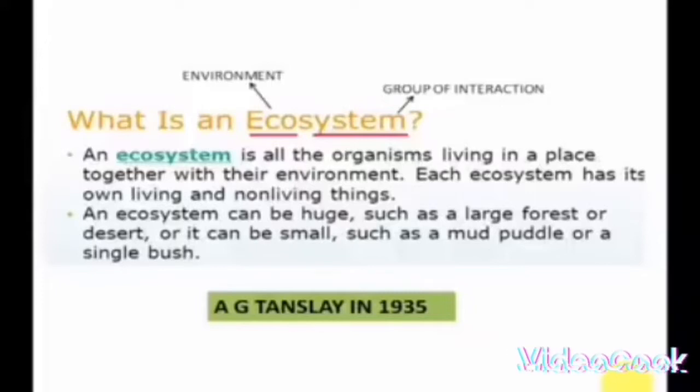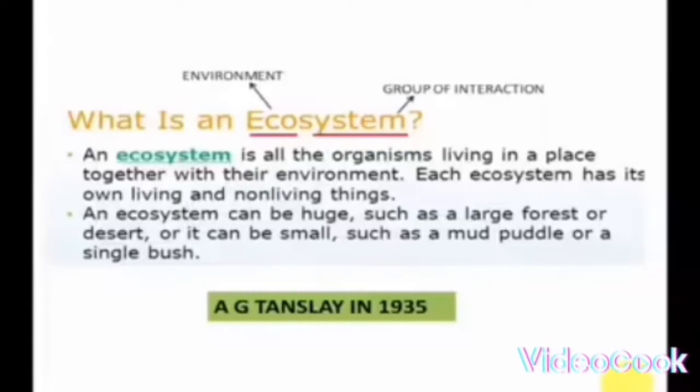Now, according to our tutorial, the word ecosystem consists of two words. One is eco, and the other is system. Eco refers to the environment, and system refers to a group of interactions.